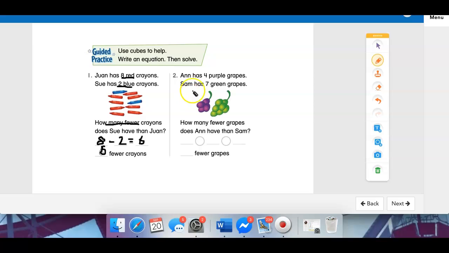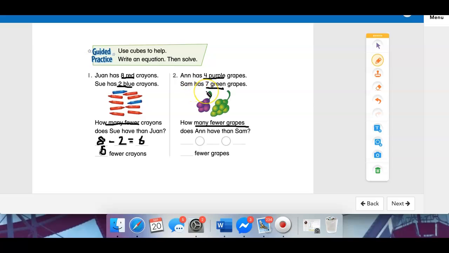So for number 2, Anne has 4 purple grapes and Sam has 7 green grapes. How many fewer grapes does Anne have than Sam? We're just going to model our subtraction equation just like we did on number 1. How many purple grapes does Anne have? 4.